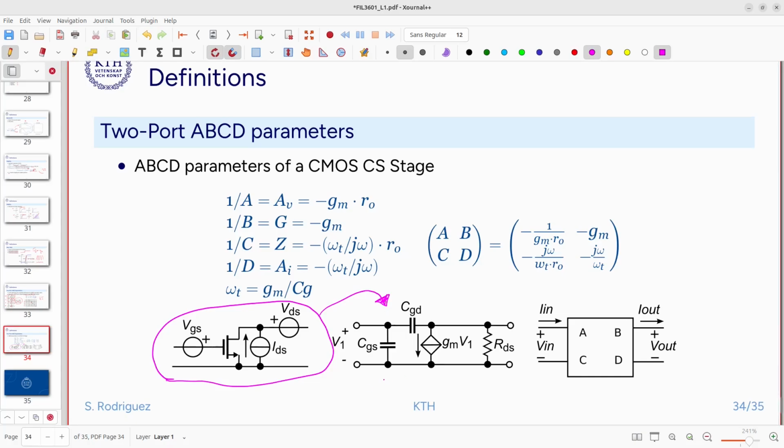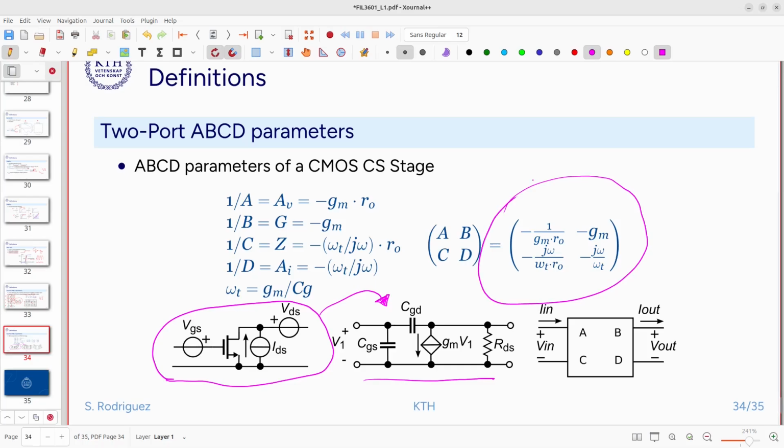It will look like this, a very simplified model. And then we can extract all the gains: the voltage gain, transconductance gain, transimpedance gain, and current gain. We're going to do that in the next lecture. And then we can build this matrix of ABCD parameters. So this amplifier can be represented by this matrix.